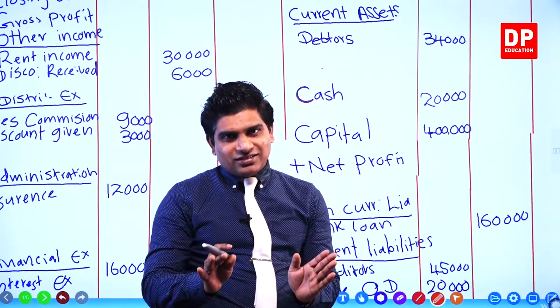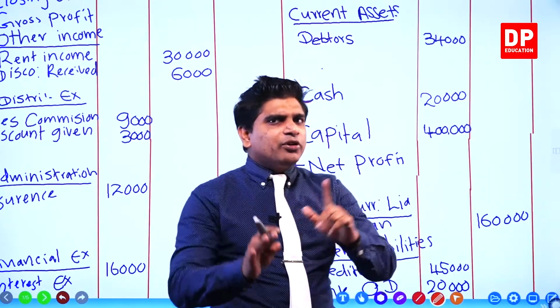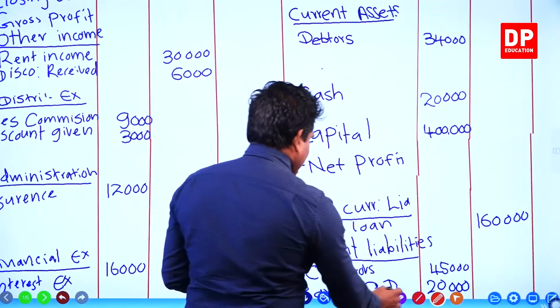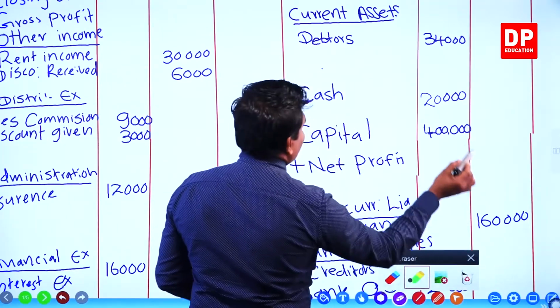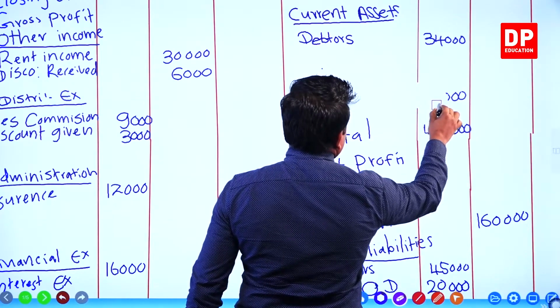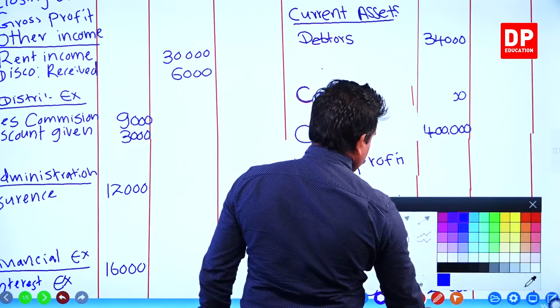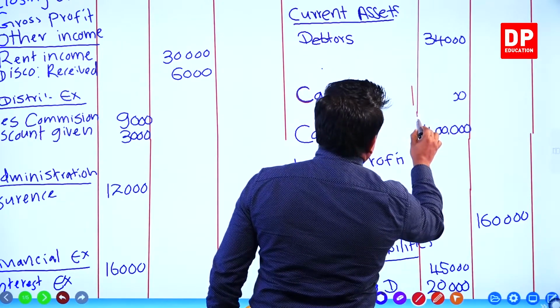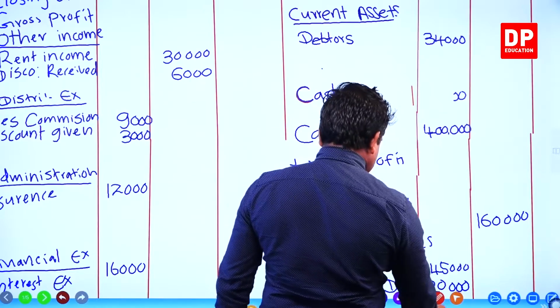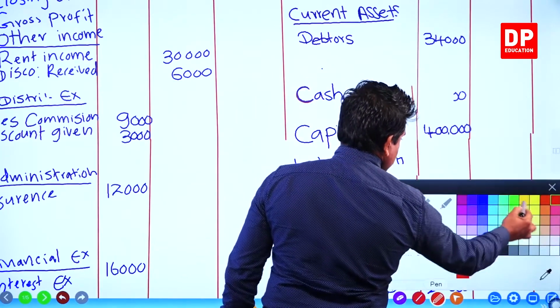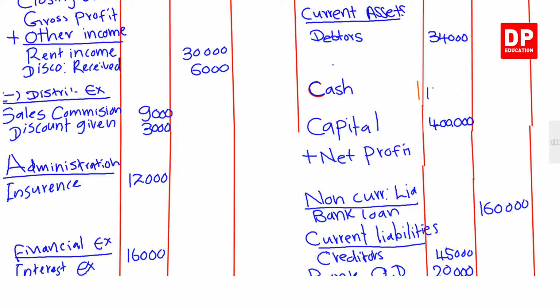Bank overdraft 20,000. Cash how much? 155,000. But I put here 20,000. Is it correct? No. It should be 155,000, right? You have to change it. You have to draw the line also. First you arrange the line. Be in the line. Now 155,000. Right? Now the next one.